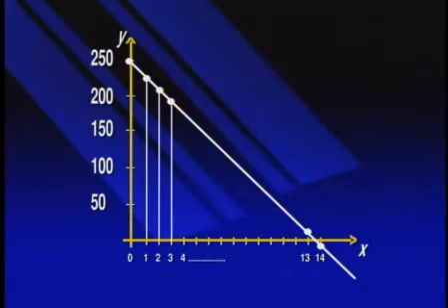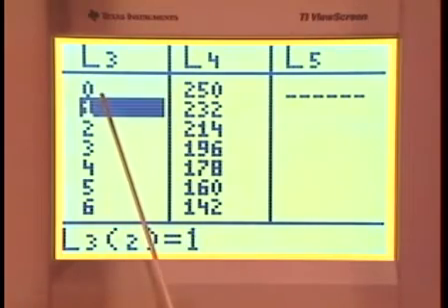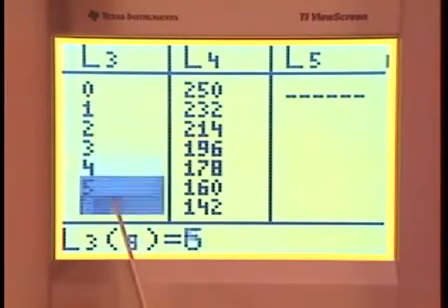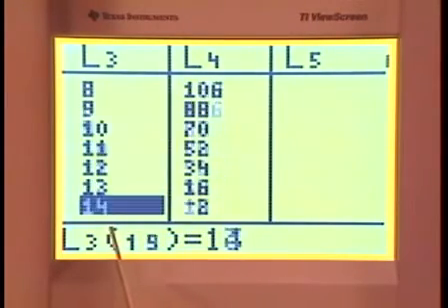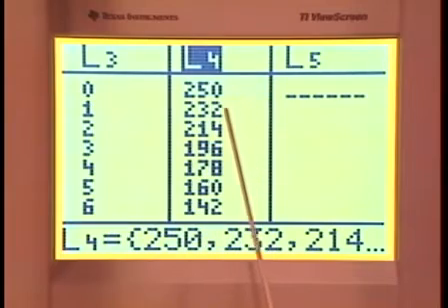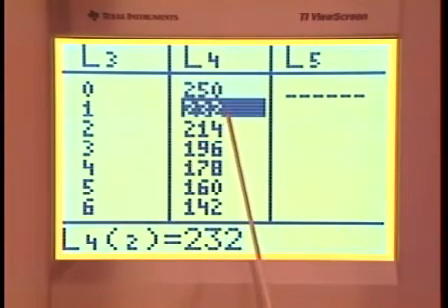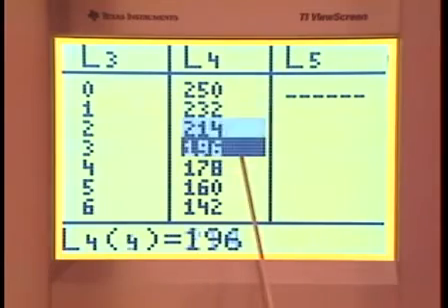Let us look now at the graphing calculator. This time, I have already keyed in the values because there are so many. In the first case, we did it together. So here you have the payments, 1, 2, all the way down to 13 and 14. And in the L4 column, I have the original balance of 250, the amount I owe after 1 payment, 2 payments, 3 payments.